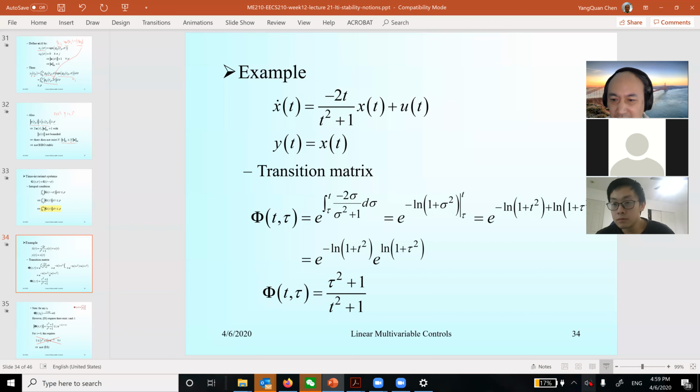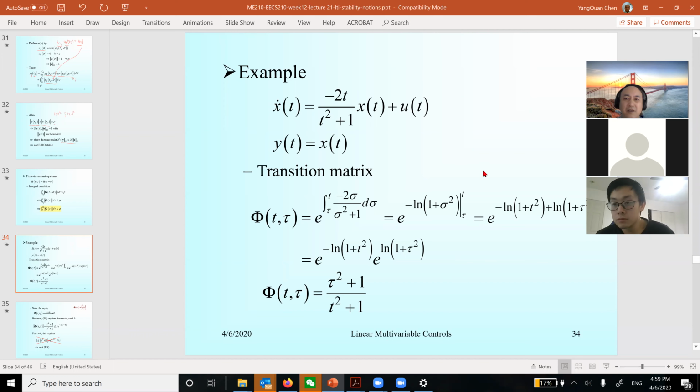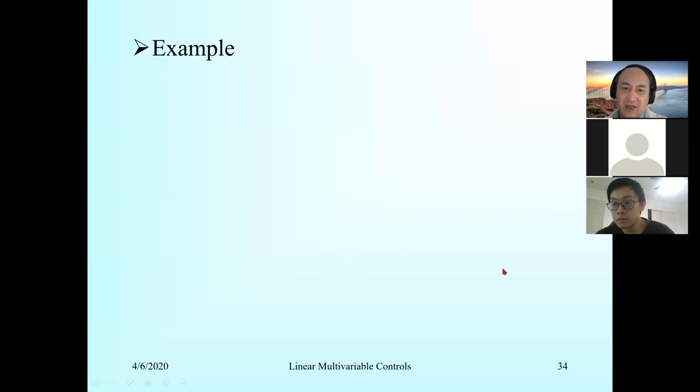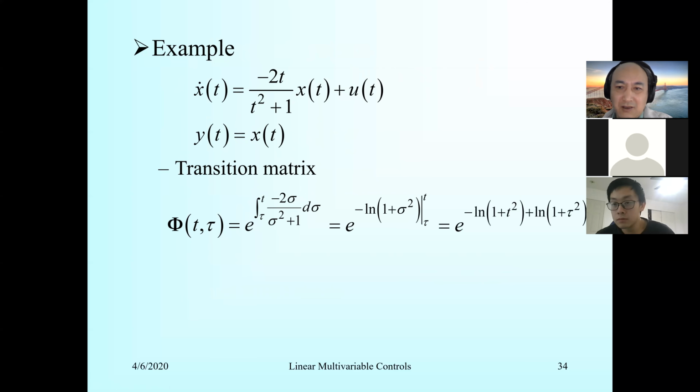Okay, so I'm back. Can you guys hear? Everything should be fine. So you can see from here, our transition matrix can actually be solved by using this integration. This is an LTI system. By doing that, you take the log this way, and then e to the power of natural log is very easy to get.